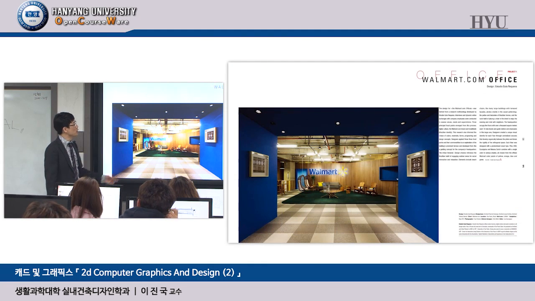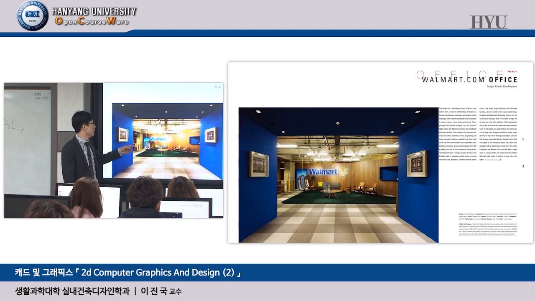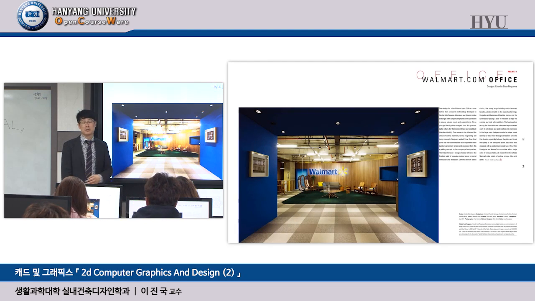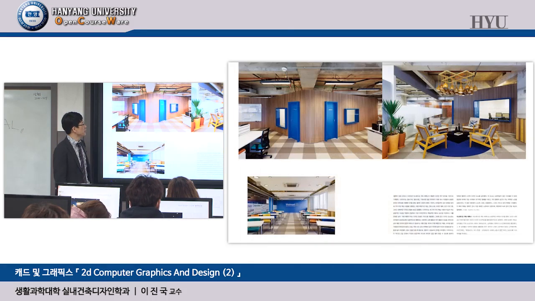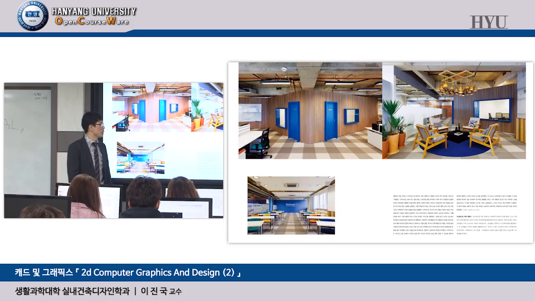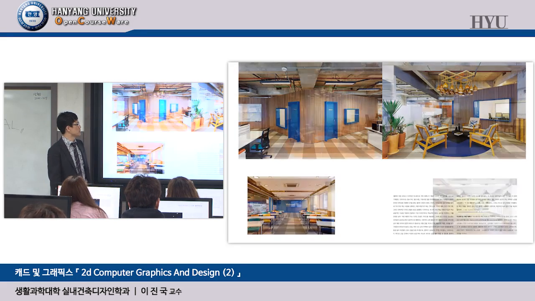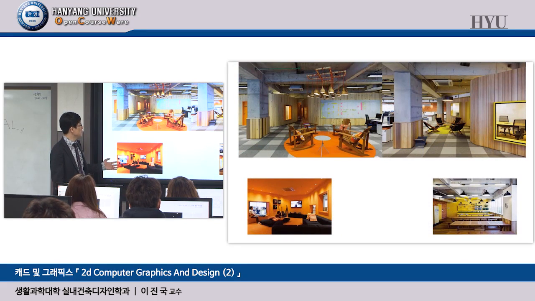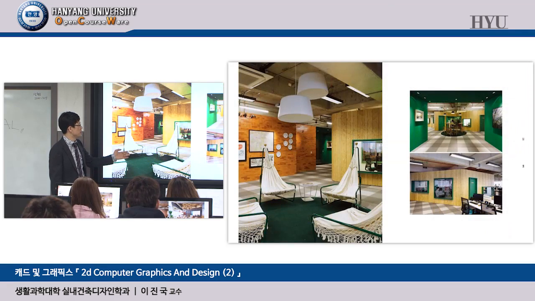Next example, Walmart.com office. Okay, you know what Walmart is, but this is the Walmart office, not a Walmart retail store. Anyway, take a look. Series of offices, meeting conference areas, working zones, different styles of visualization for photographic pictures taken.